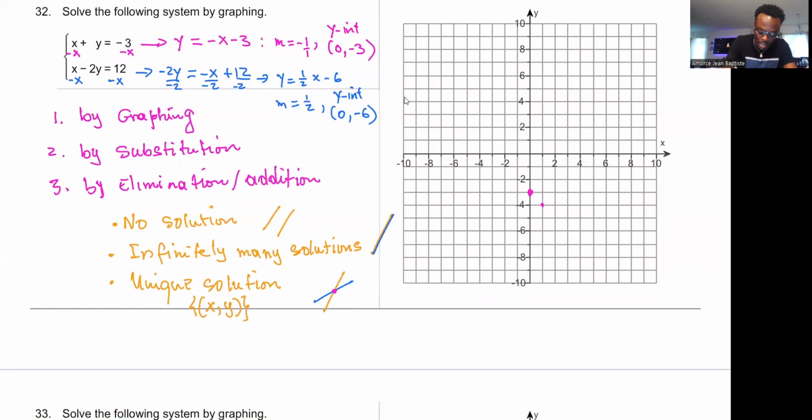For more accuracy, I can do another point, up 1, left 1. Then I can draw the line by connecting the dots, making sure I extend them. So that's my first line.